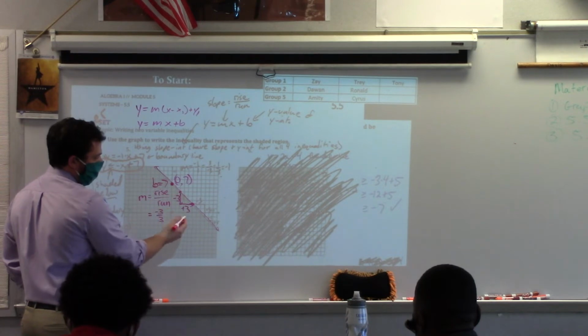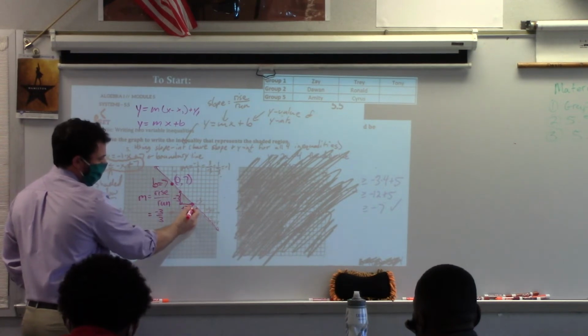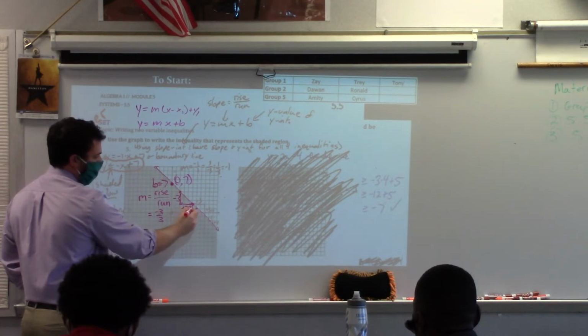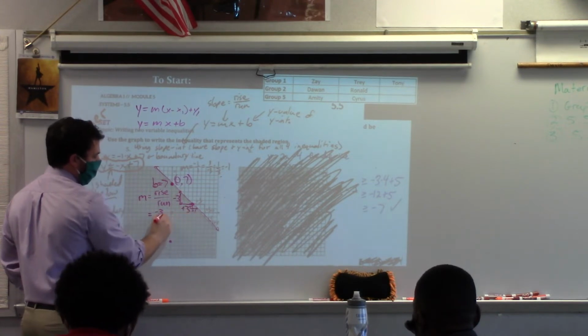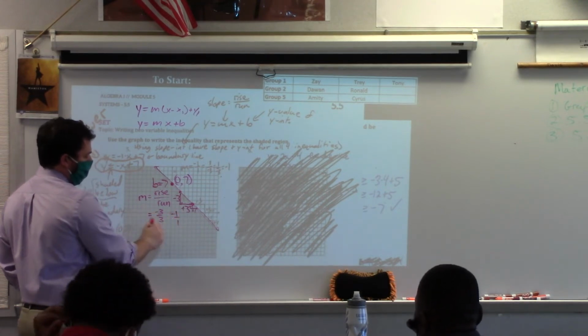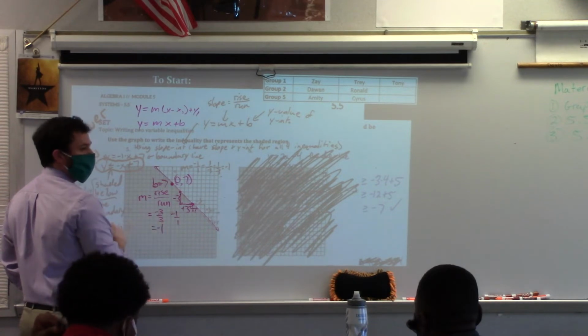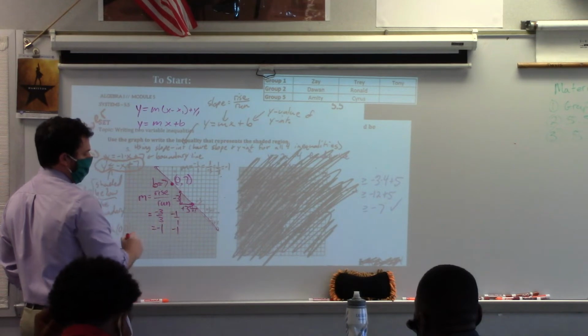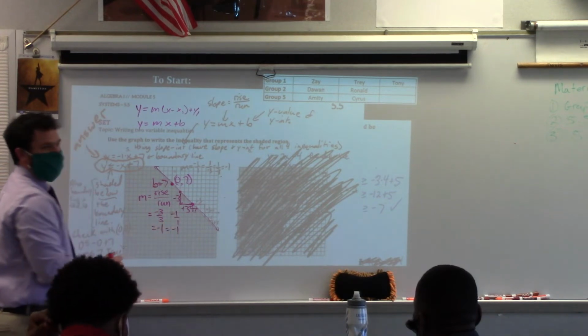Now I could do something like this. Notice how far am I going down? Down 1. How far am I going to the right? Plus 1. And that's fine, right? So you did negative 1 divided by a positive 1. What's negative 3 divided by 3? Negative 1. What's negative 1 divided by 1? So does that give me the same slope?